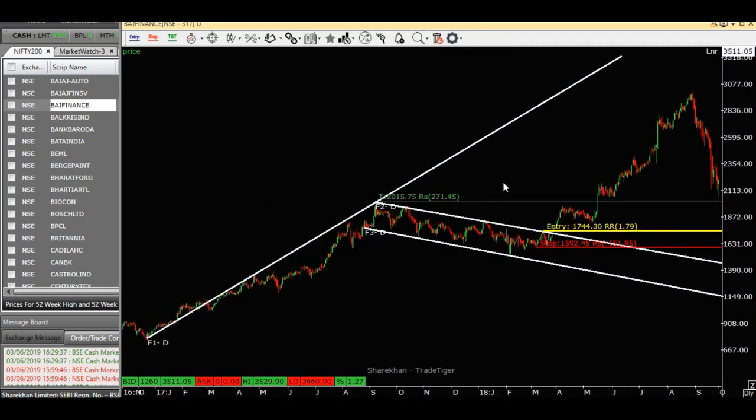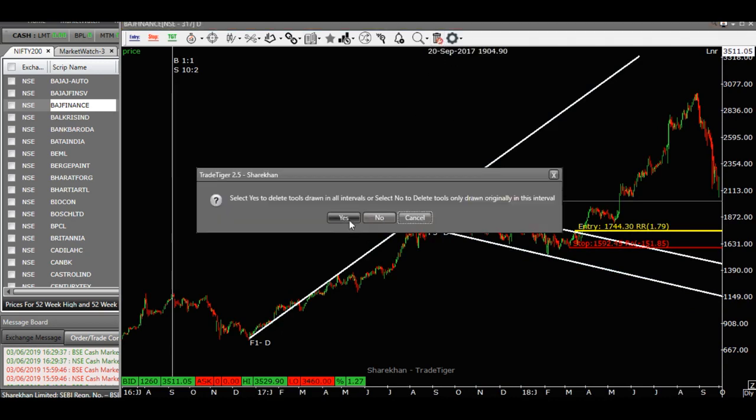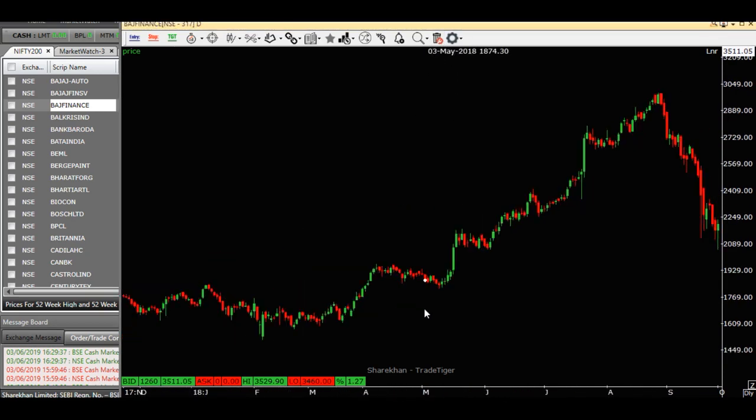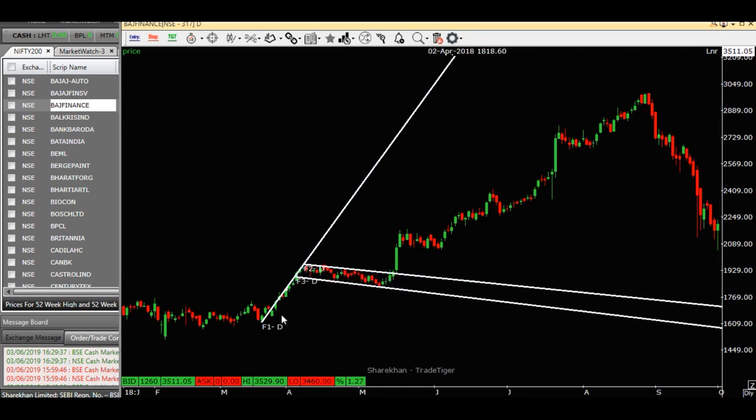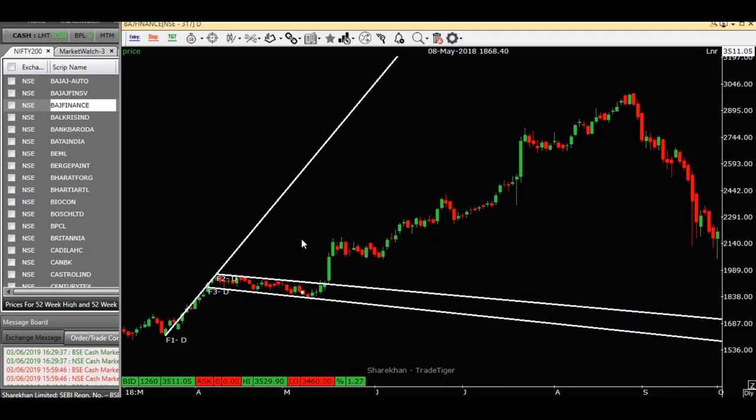Okay, here is another flag formation. So, nice impulsive up move. You can see these green candles just moving up and up and up, followed by a sideways movement, a consolidation. So we have a nice, very uniform flag pattern, and then it finally breaks out and easily achieves the target.